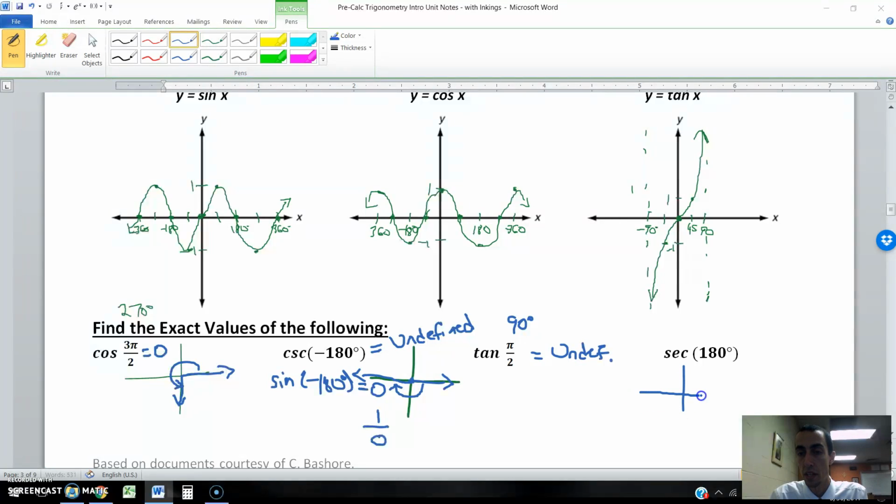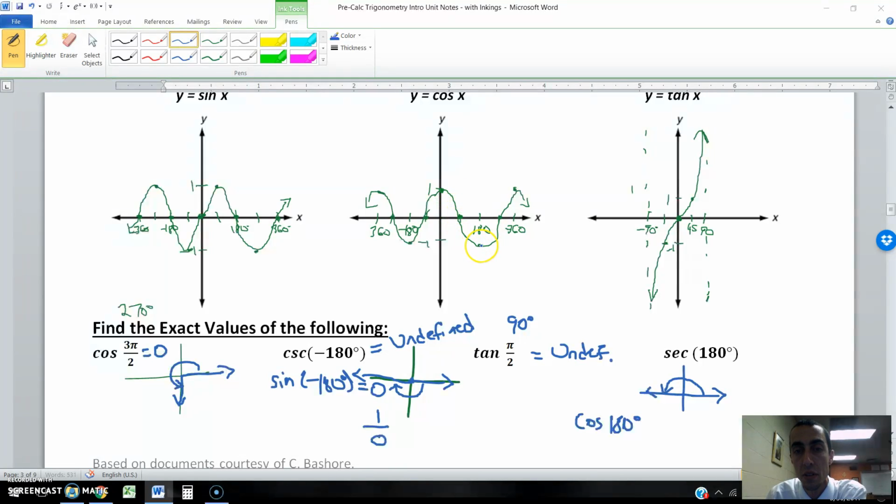So think 180 degrees. Again, a quadrantal angle, because it falls on an axis. Change this secant into cosine, because secant and cosine are reciprocals of each other. So let's think, what is the cosine of 180 degrees? Go to the cosine graph.